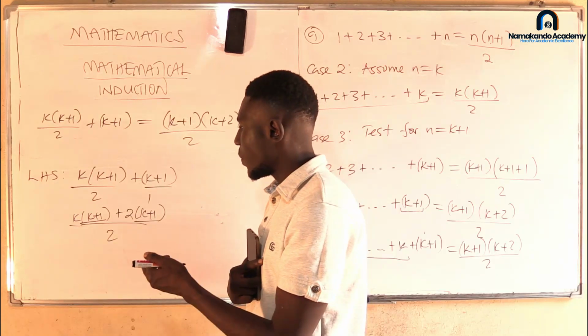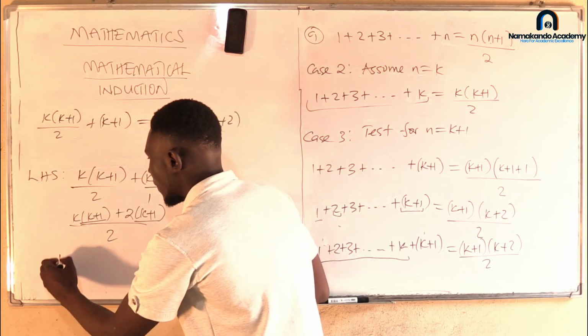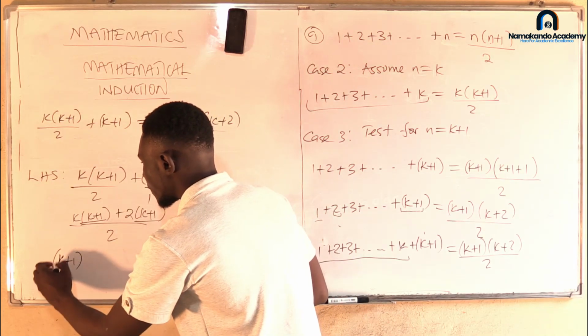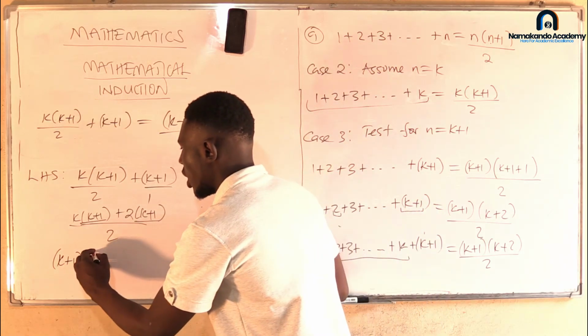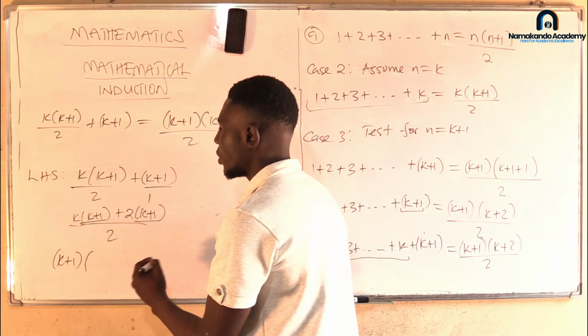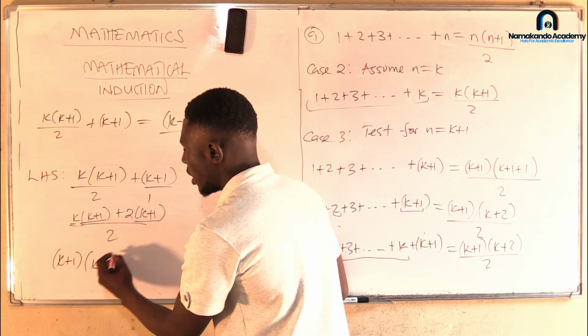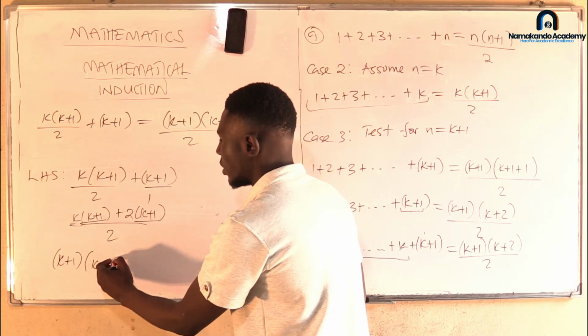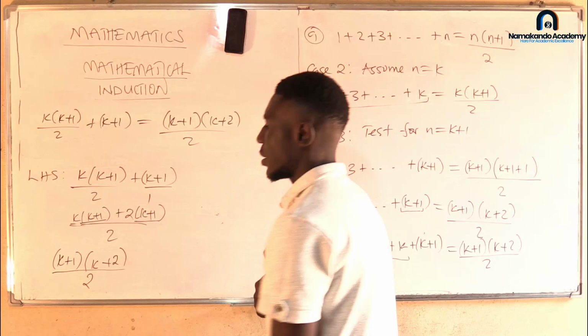From algebra, what we do here is simply factorize k plus 1. Upon factorizing k plus 1, we write the remaining values: for the first part we are left with k, then add the last part, which is 2. Overall divided by 2.